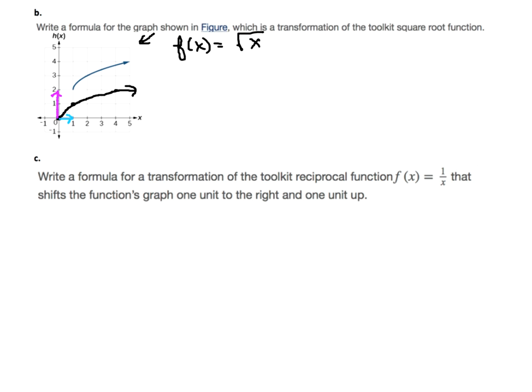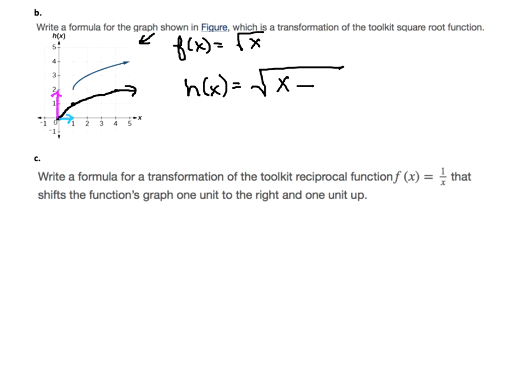All right, so I'm going to start by just writing my shell before I actually put my translations in there. So h of x is equal to the square root of x minus. Okay, so we went to the right 1.